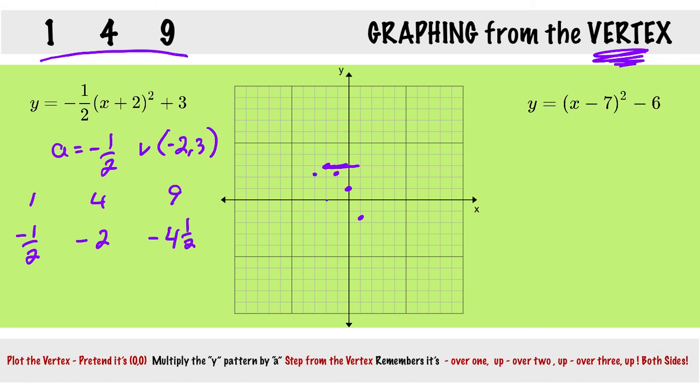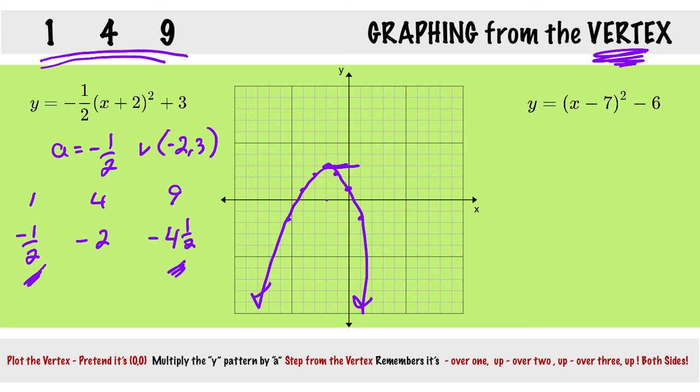You can use your axis of symmetry at this point. And there is your parabola. One thing that's nice about using 1, 4, and 9, always coming from the vertex, is your fractions might be a little more accurate.